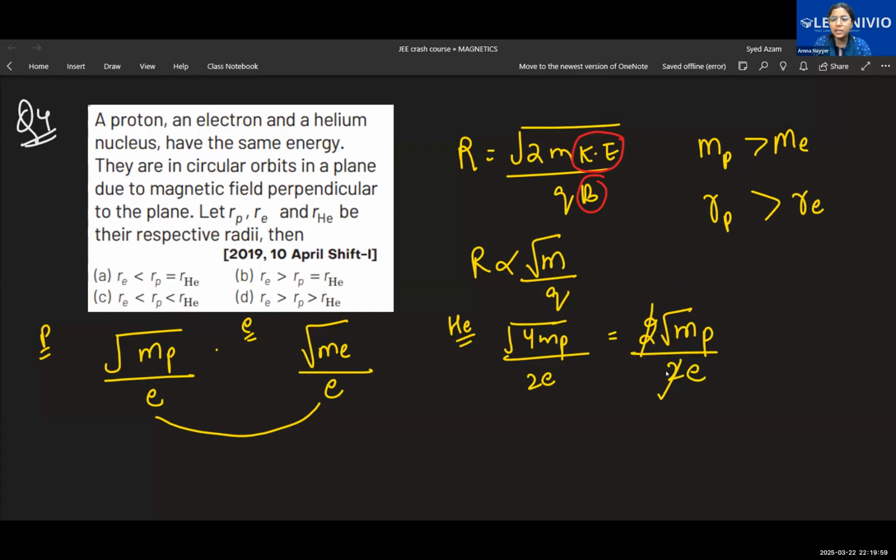Root MP by e, root MP by e. It means the radius of proton and helium are the same. Is it? Right? So which option is correct? A. Yes, write it.